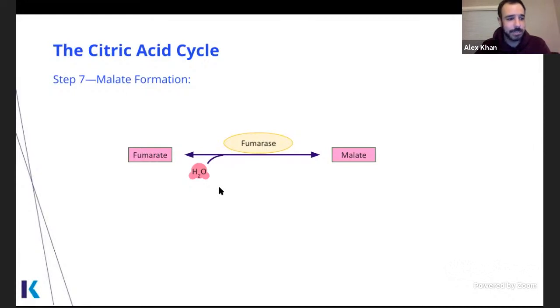Now, we said we needed something cool to remember every step. So why don't we put in a side story? There is a disease that is caused by a defective fumarase enzyme. It's an extremely rare autosomal recessive disease called fumarase deficiency. Up until the 1990s, there were, I think, roughly 10 recorded cases of it, super, super rare.